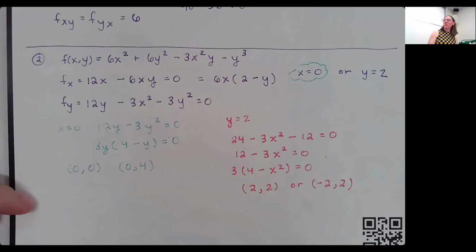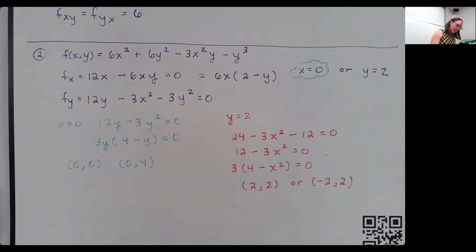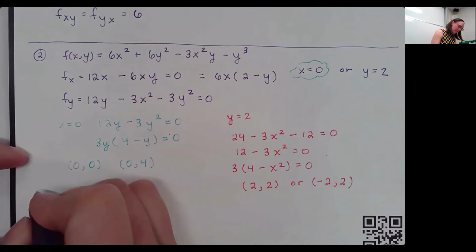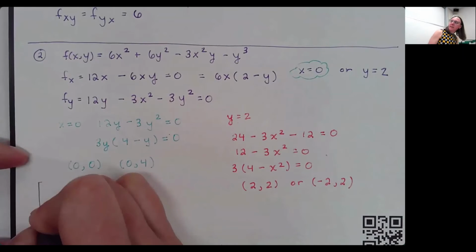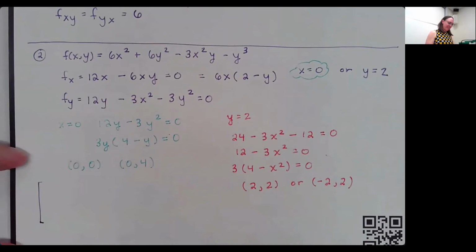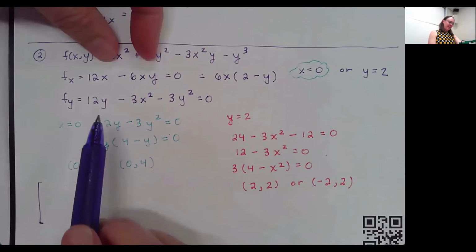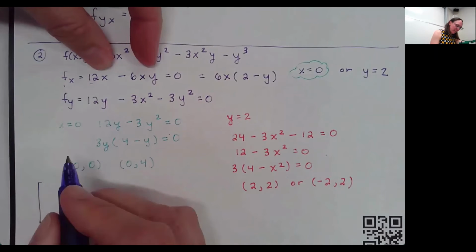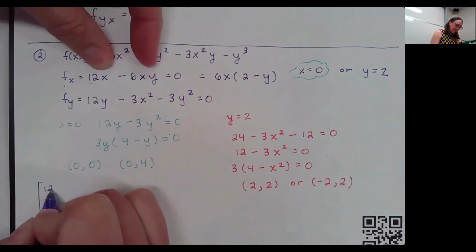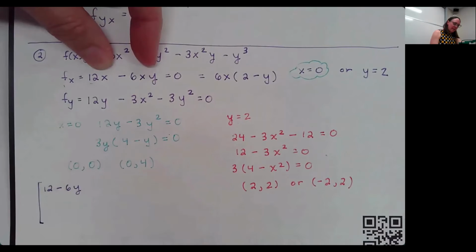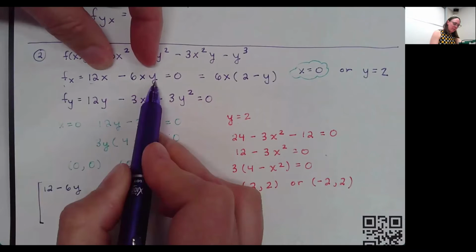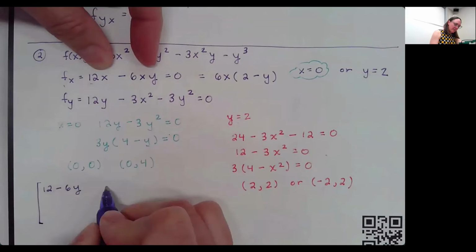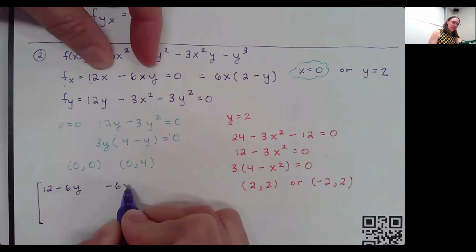So if I construct my matrix of second derivatives, I think I can squeeze it in and keep it on screen. If I build my matrix of second partial derivatives, if I start with fx and I take the derivative with respect to x a second time, I've got 12 minus 6y. If I take that derivative, but now with respect to y, I've got negative 6x.